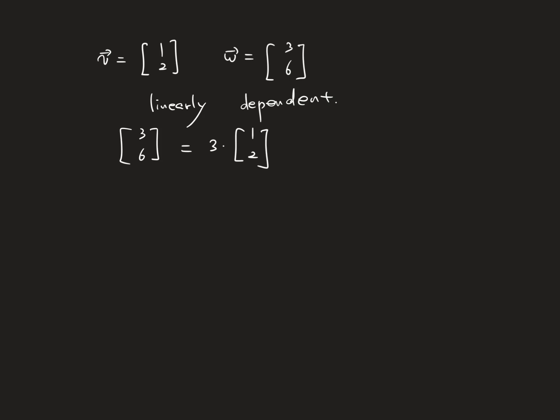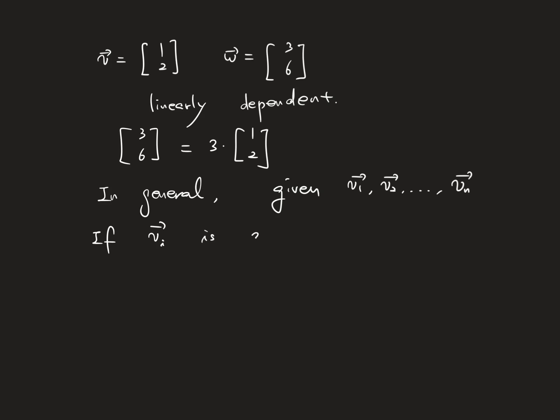So in general, we have v1 and v2 and so on, up to vn. If any vector vi is a linear combination of the other vectors, then v1 up to vn are linearly dependent.